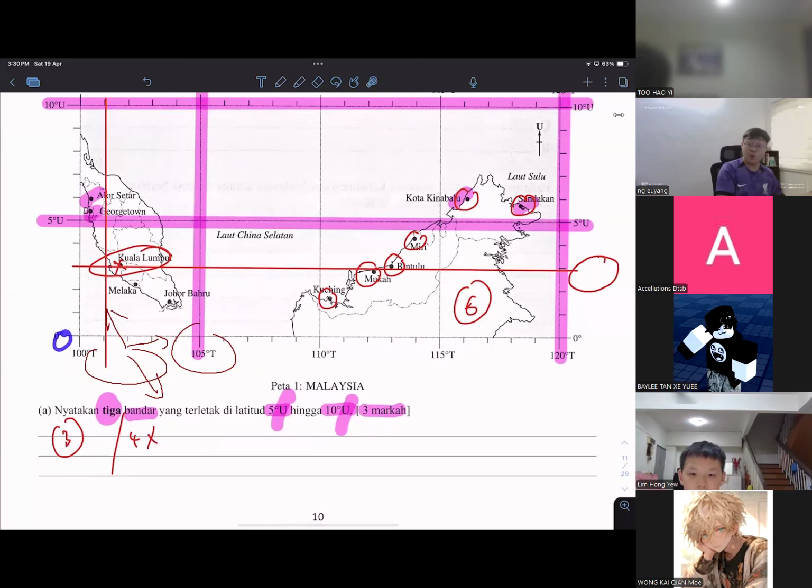We have 0, we have 5, so counting 1, 2, 3, 4, 5, this is 3 degrees utara. After that, we identify the longitude. This is 100, then this is 101 degrees Timur. Just write down your answer: 3 degrees utara and 101 degrees Timur.